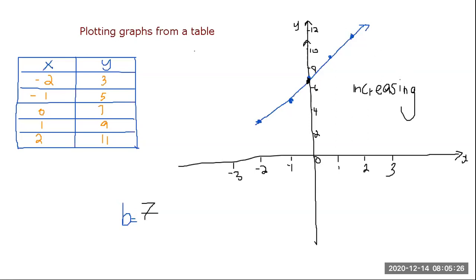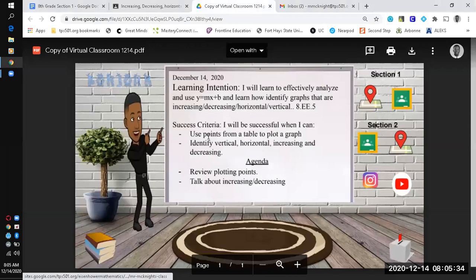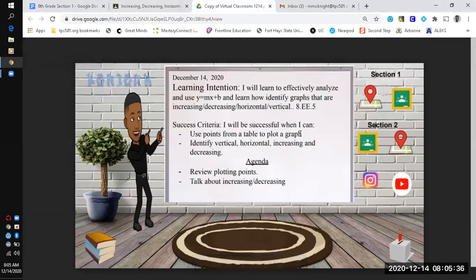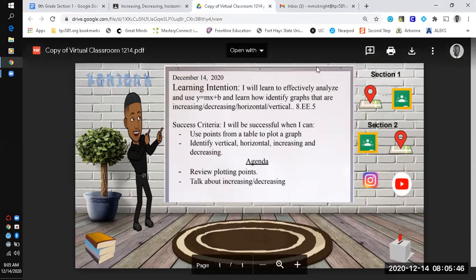There it is. So I just wanted to go back and review this first part. Let me pull it up. So that's the assignment. But right here, I want to go back. It says use points from a table to plot a graph. That's one of the examples we just did. But then also identify when a graph is vertical, horizontal, increasing, or decreasing. If you have any questions about this, just let me know.